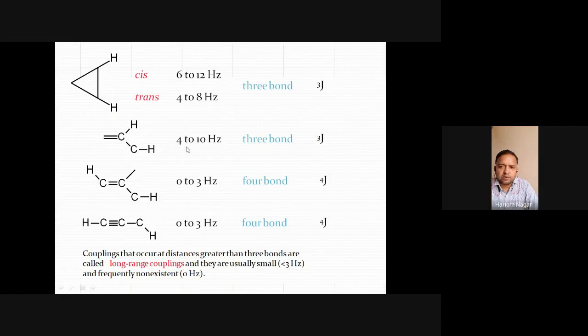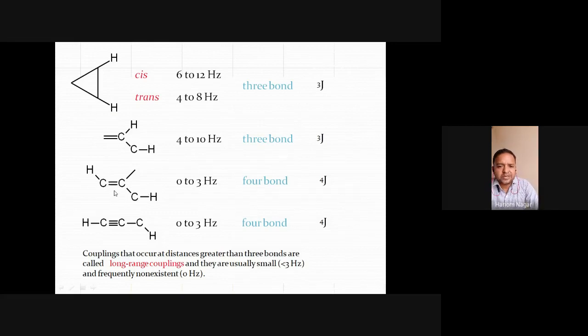This is around 4 to 8. And for these trans protons, there is also an sp3 hybridized carbon, so no planarity in the compound, so the coupling constant value is very low, 0 to 3.